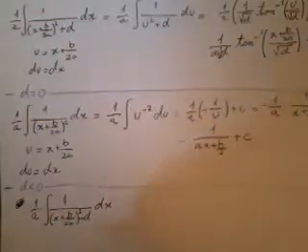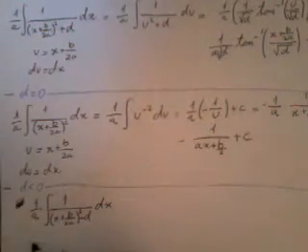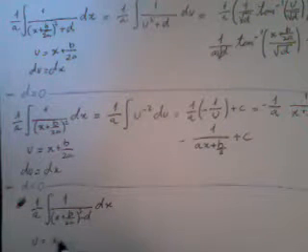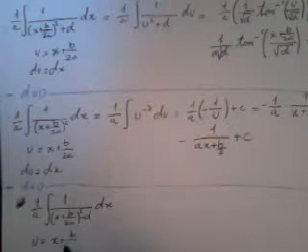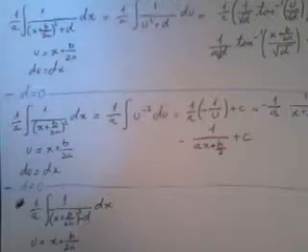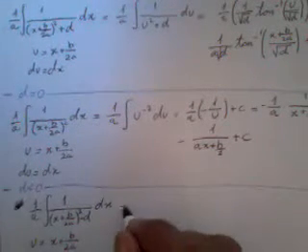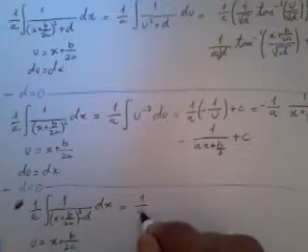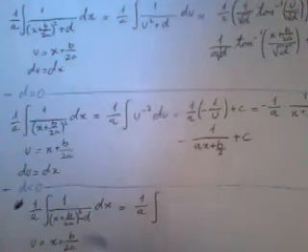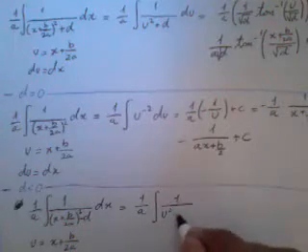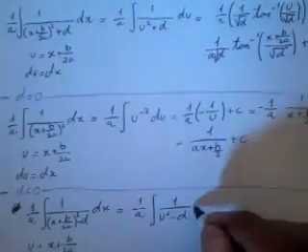Just for convenience, as always, u is equal to x plus b over 2a. du is equal to dx. So it's just going to be 1 over a times the integral of 1 over u squared minus d du.